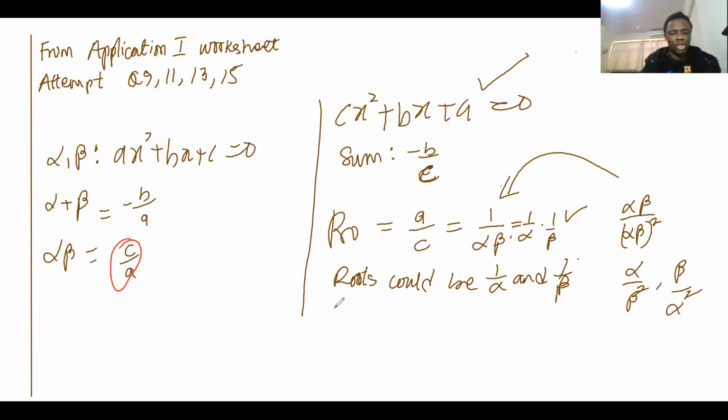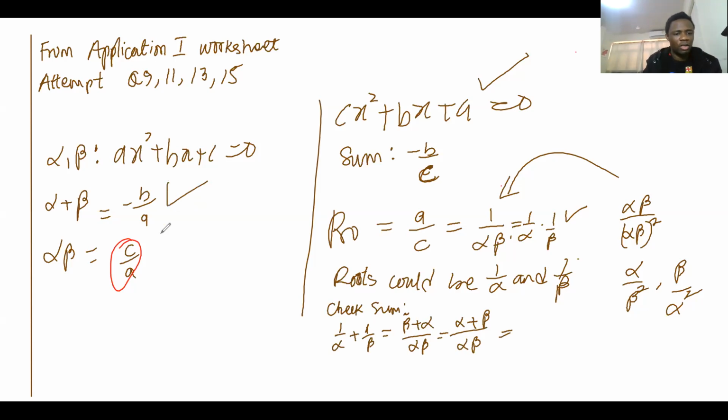So I need to check for the sum. If my sum will give me this, there could be other ways to do this, but this is something you can quickly do to figure this out, all right? So if you check for the sum, just add this root that you are assuming to be the case. And this is going to be beta plus alpha over alpha beta, which is simply alpha plus beta over alpha beta.